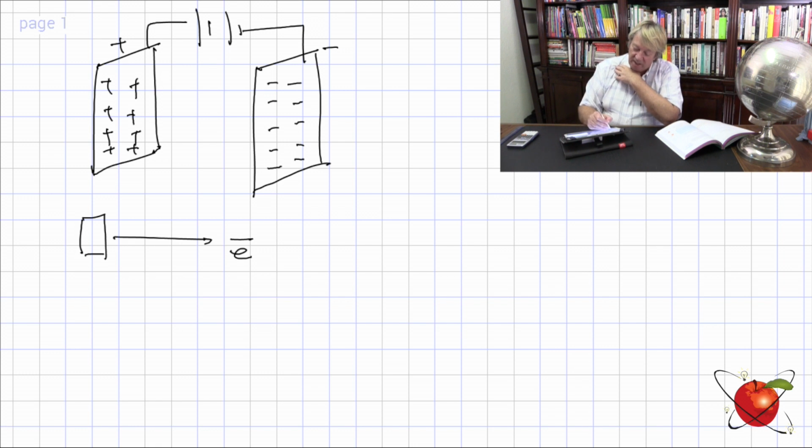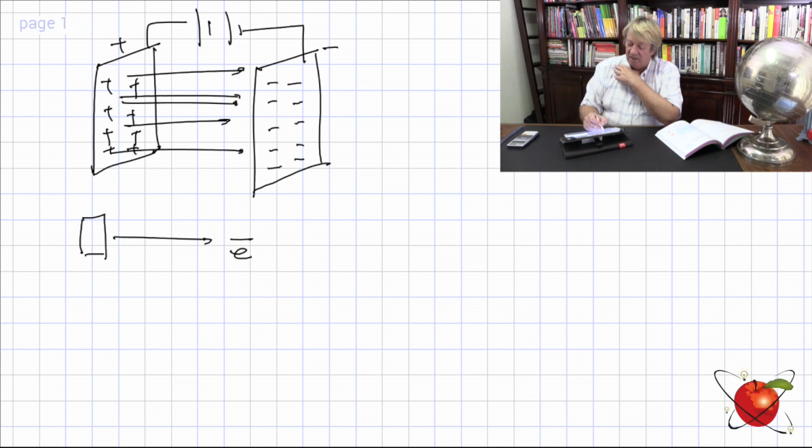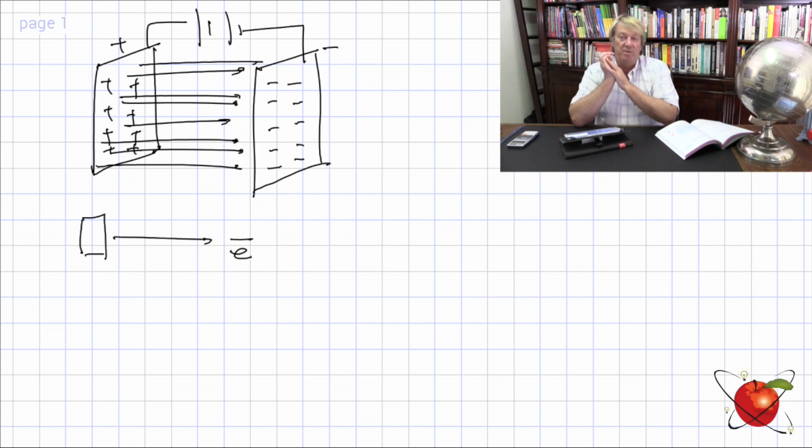Which means that between these, I can draw field lines. How many of them? Whatever. That's not important at the moment. Just the concept is that we've got a charge there and a charge there. So because it's an electron and let's say the proton over here, we've got a charge, which means we've got a force between them. That's what I'm drawing.